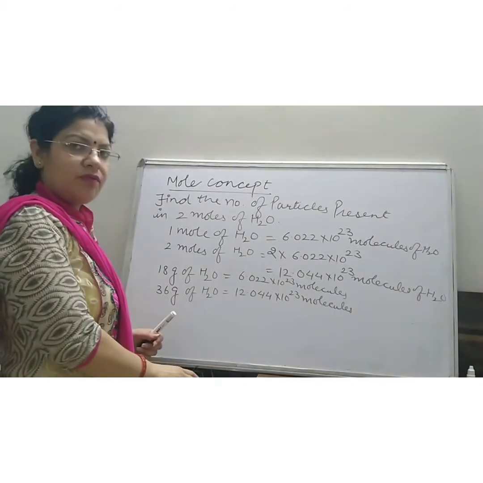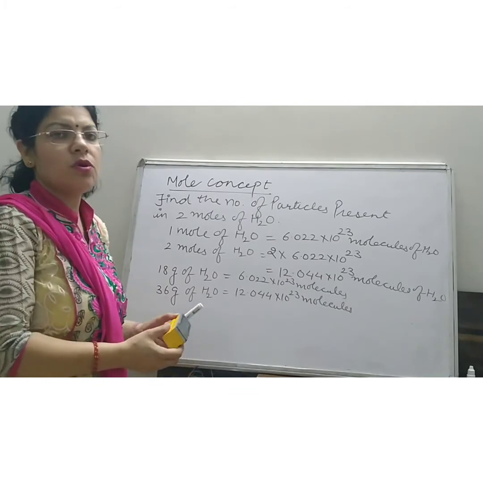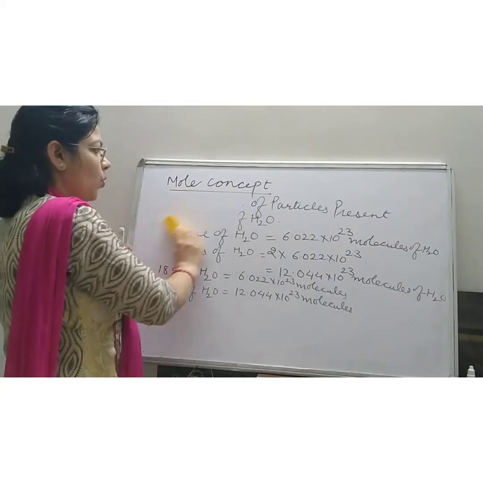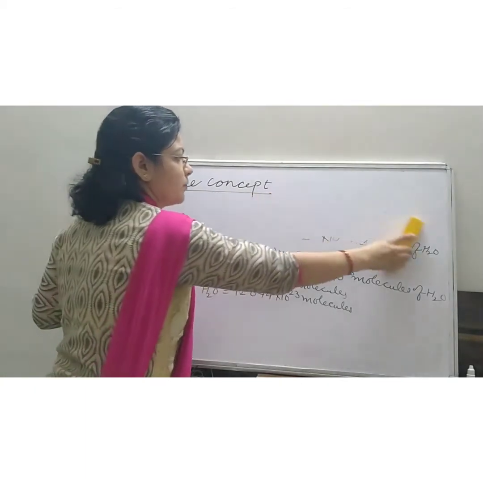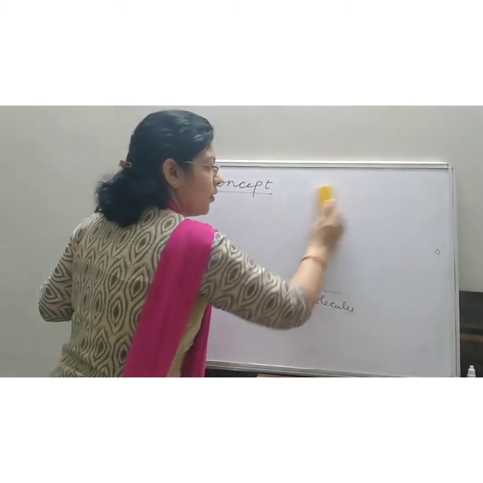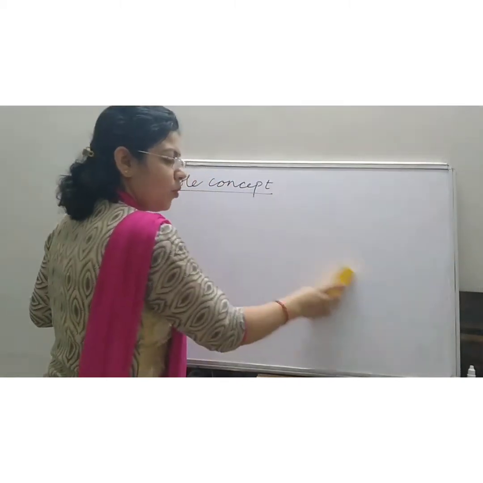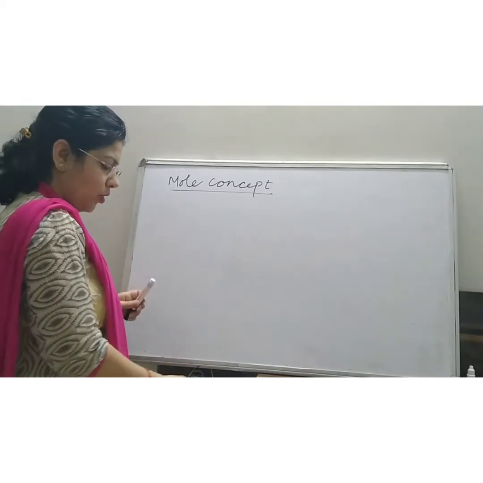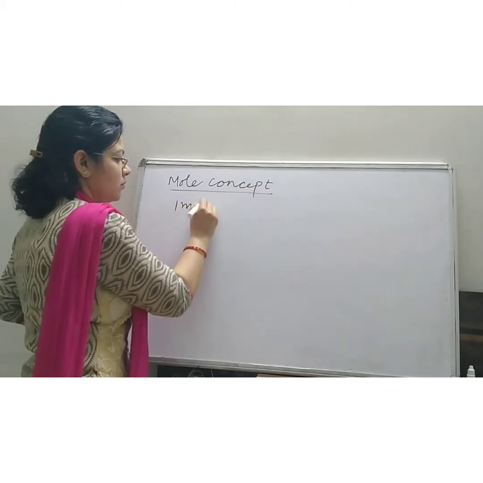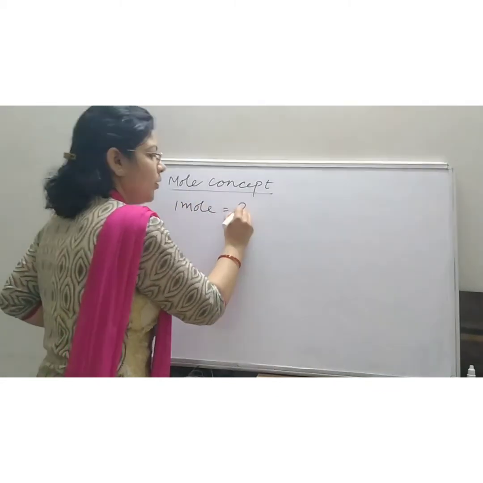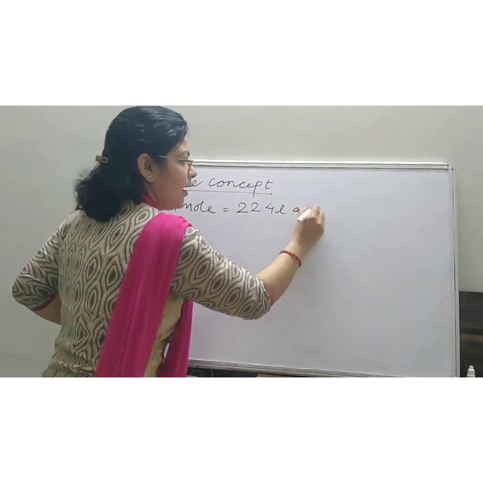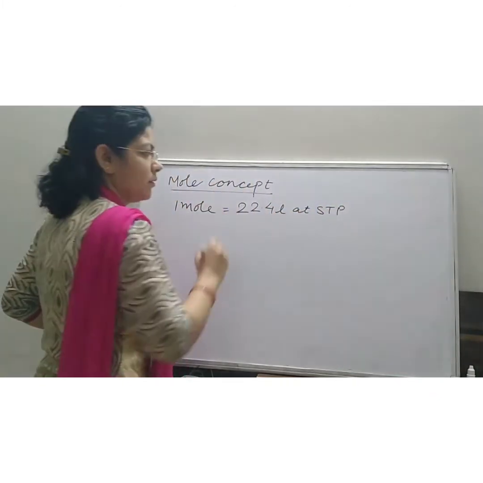Next is definition of mole in terms of volume. How can we define 1 mole in terms of volume? 1 mole is equal to 22.4 liter at STP.